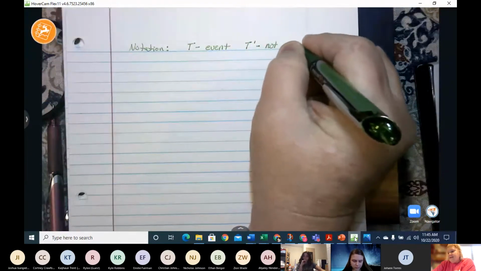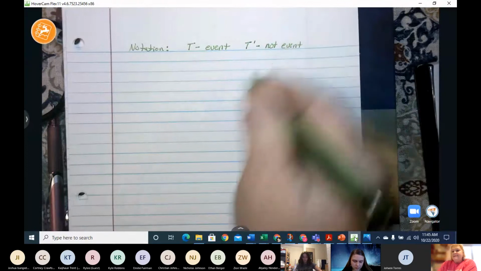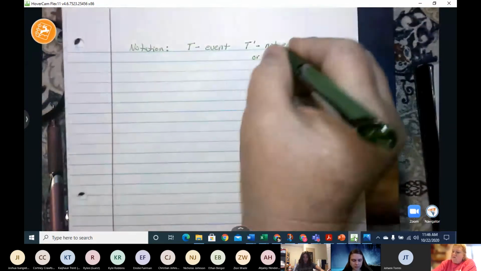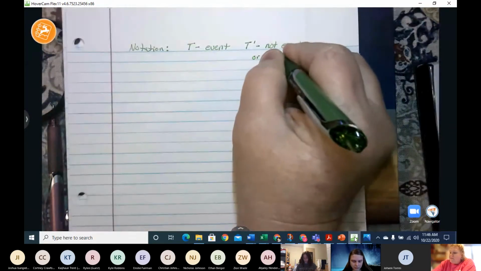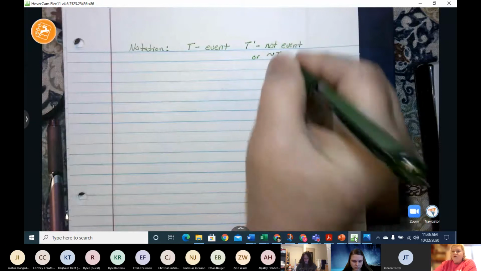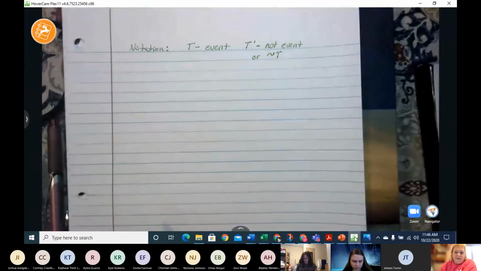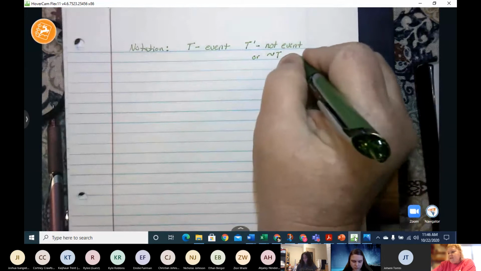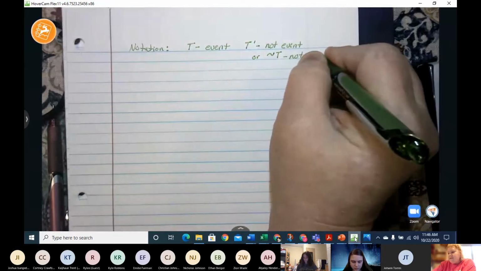So just like with sets, we can see that same terminology come into play. But we can also see this symbol, this little squiggly line, a tilde, to mean not event.